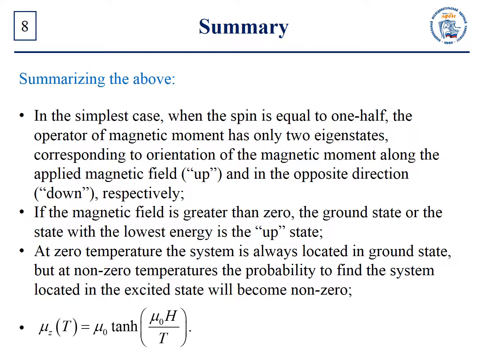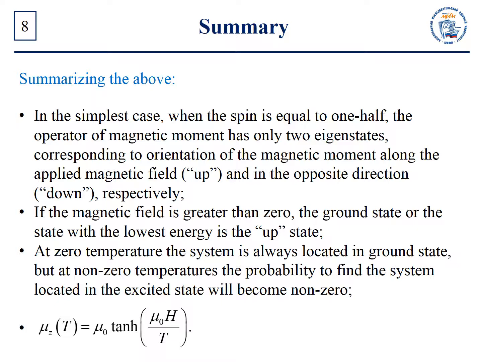In this lesson we understood the behavior of one isolated local magnetic moment in the external magnetic field. So we found that in the simplest case, when the spin is equal to 1/2, the operator of magnetic moment has only two eigenstates corresponding to orientation of the magnetic moment along the z-axis, in other words, along the applied magnetic field, and in the opposite direction respectively.